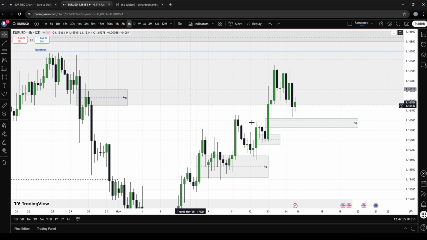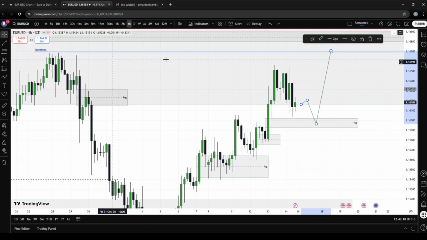So this is the path I'm going to use. The market will most likely come like this, then try to rally at these levels. Okay, so be patient and wait.